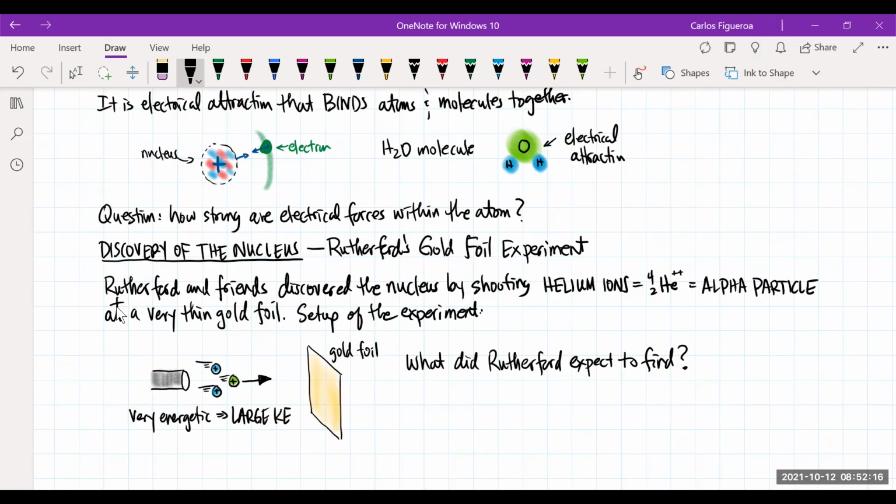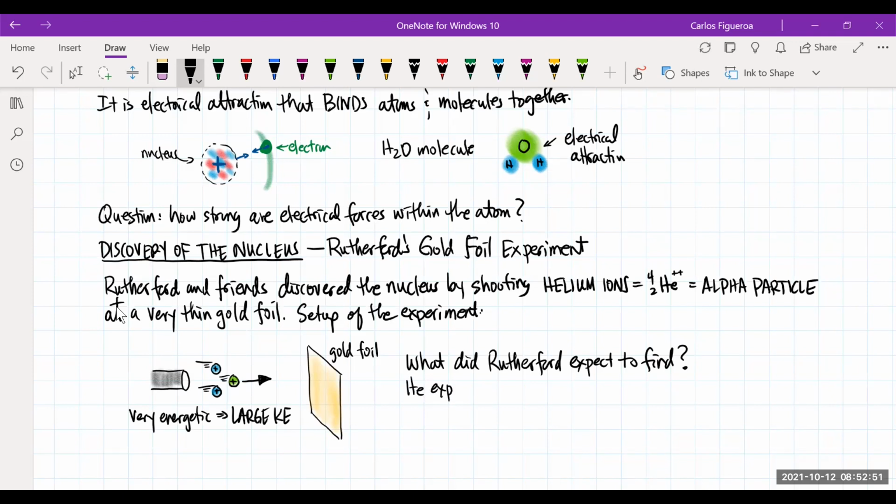The model was essentially a very thin pudding, and then electrons were scattered. Those were the raisins in this pudding right here. So what he expected to happen is that these very energetic particles were just going to shoot right through this morass, I guess, by Thomson.